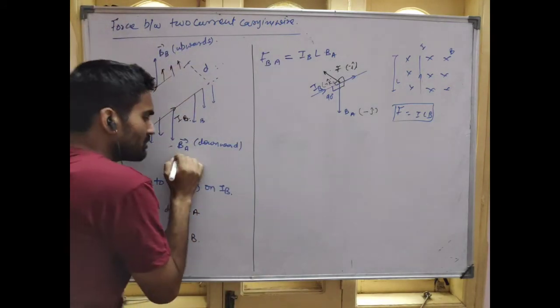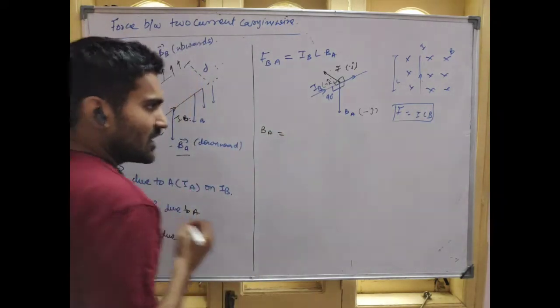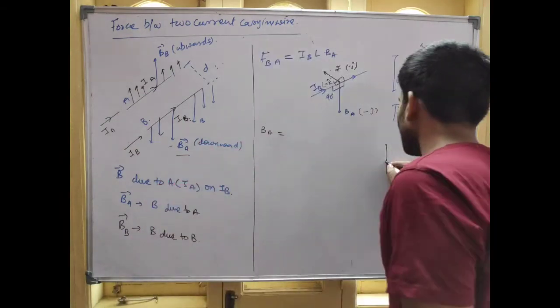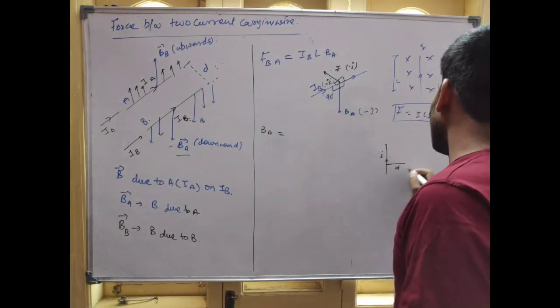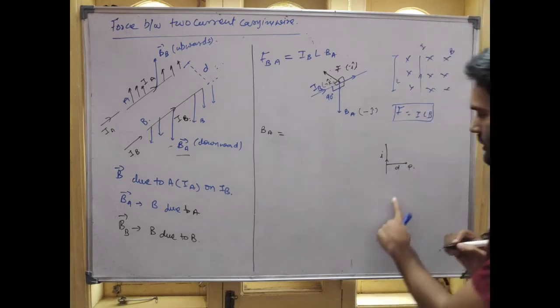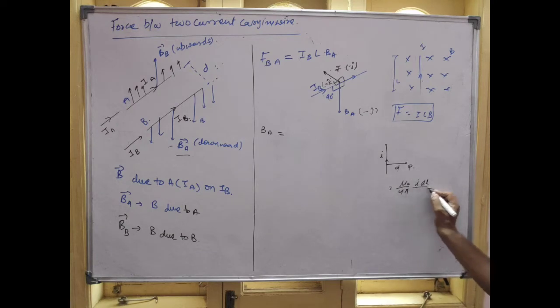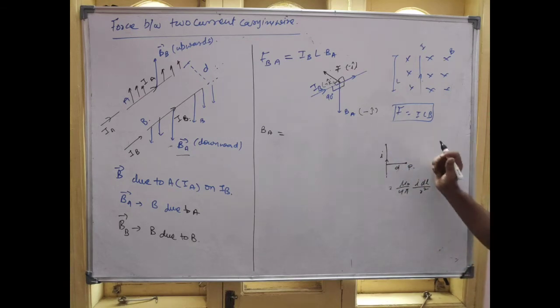Can you tell me what will be the magnitude of BA? Whenever there is a current carrying wire, there is current I at point D. What is the magnetic field here, guys? At point P, tell me. Mu naught by 4 pi I dl by R square. Sorry, this is for finite wire. For an infinite wire, it will be how much?